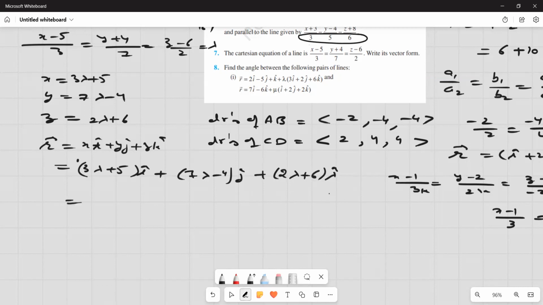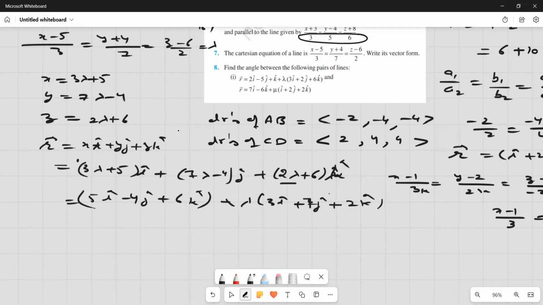So if you combine this, 5i minus 4j plus 6k, this is your A vector. Now take lambda common, so this is 3i plus 7j plus 2k. Lambda terms you will collect in this, and earlier you have collected this point. So this is your A and this is your B. Clear?